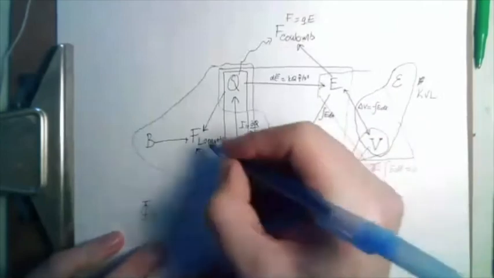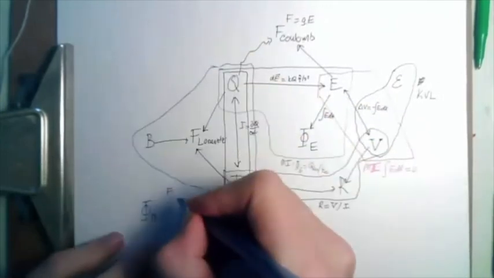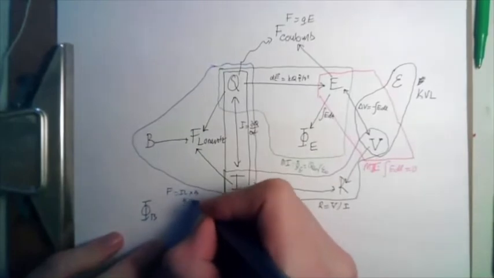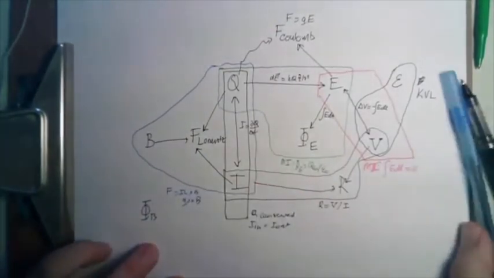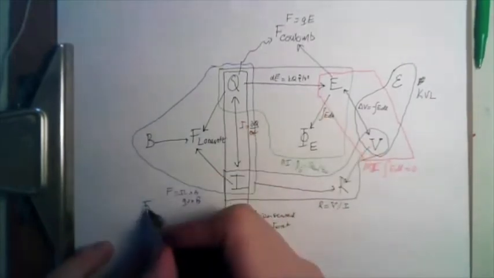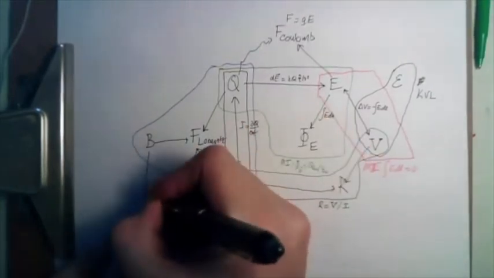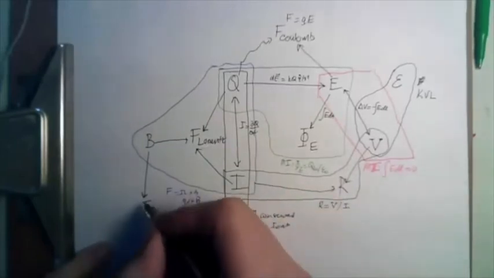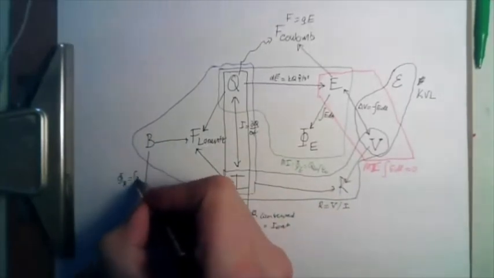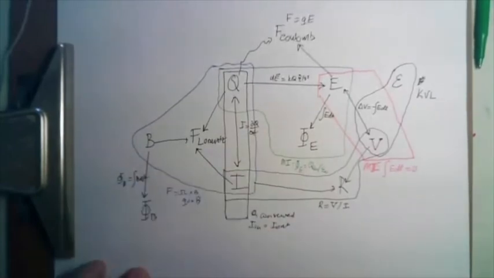Okay, so the Lorentz force here, it says IL cross B or QV cross B. Then with the magnetic field, there's an associated quantity that is phi B is the integral of B dA, as always.